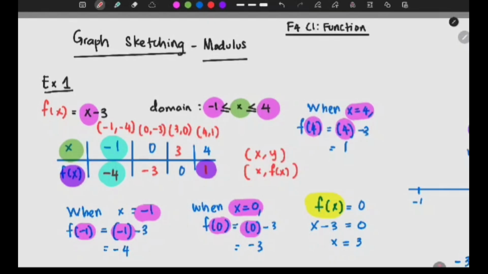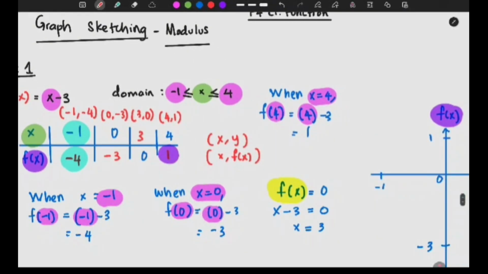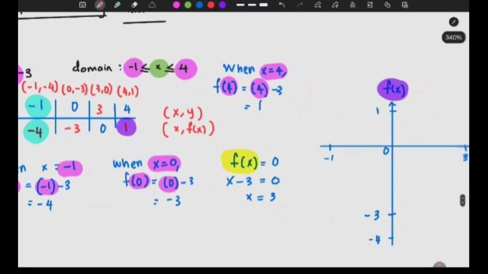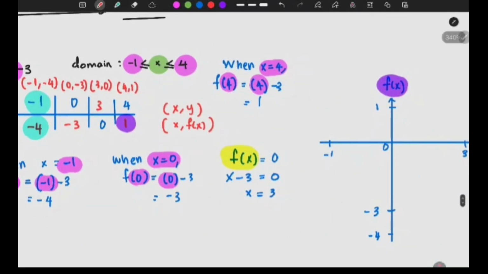Now what you have to do is transfer all these coordinates into the graph just by plotting them. So guys, let's plot. So -1 and -4, isn't it here? It's roughly around here. You are sketching, so you don't have to be accurate. 0, -3.